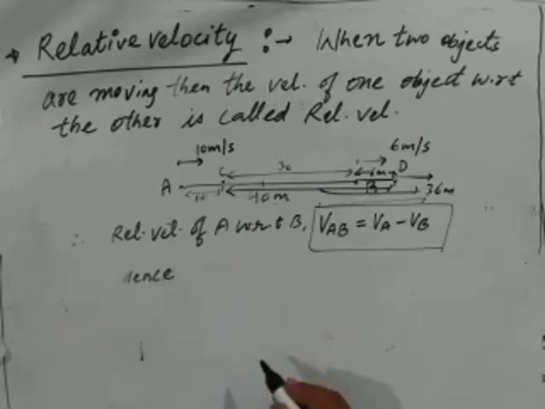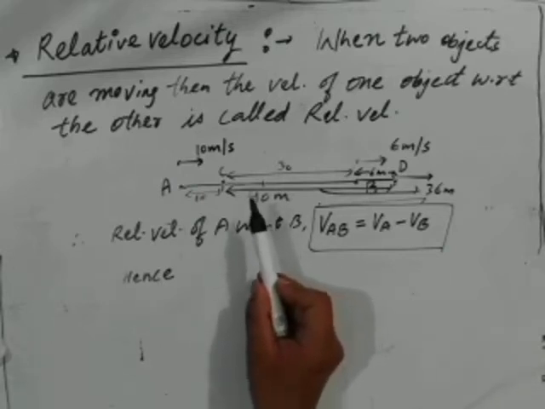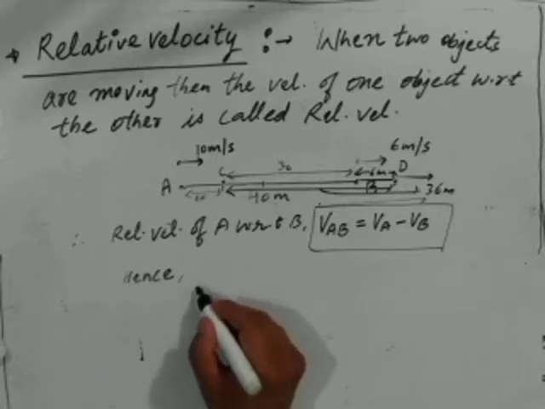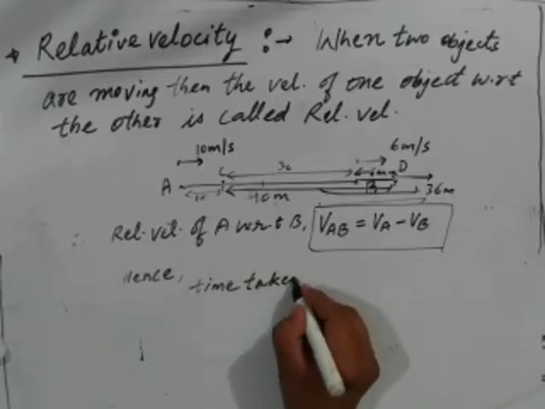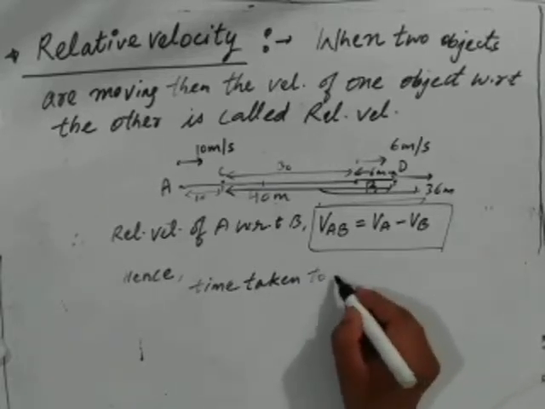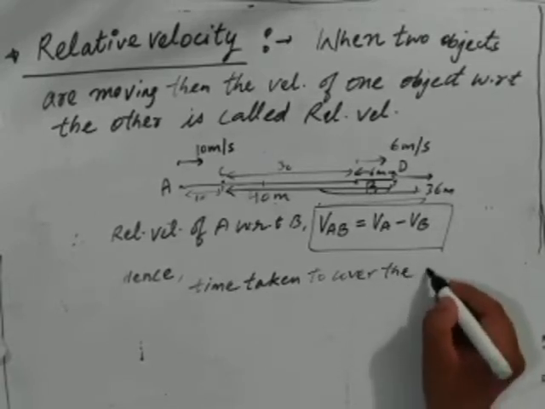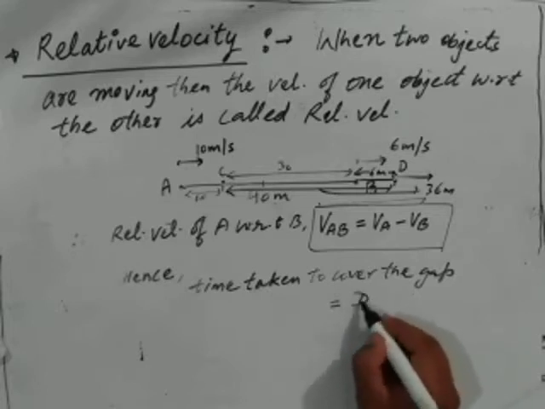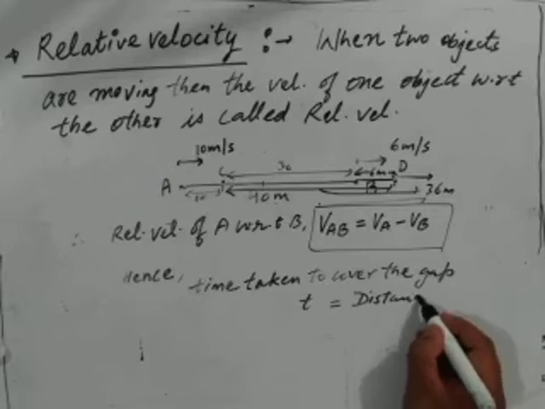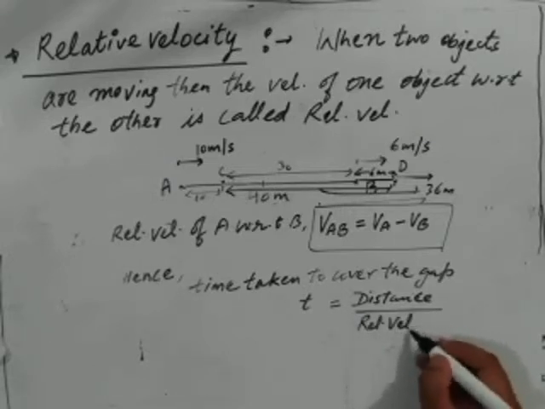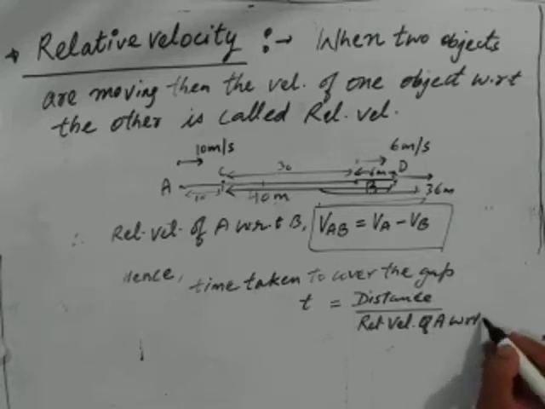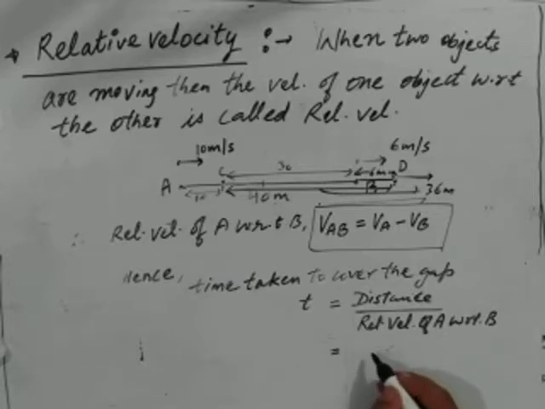Hence, if we use this method to calculate the time taken in the above case, then time taken to cover the gap will be equivalent to distance upon relative velocity of A with respect to B, that is equivalent to S upon VAB, and the gap between the two objects initially is 40 meters.